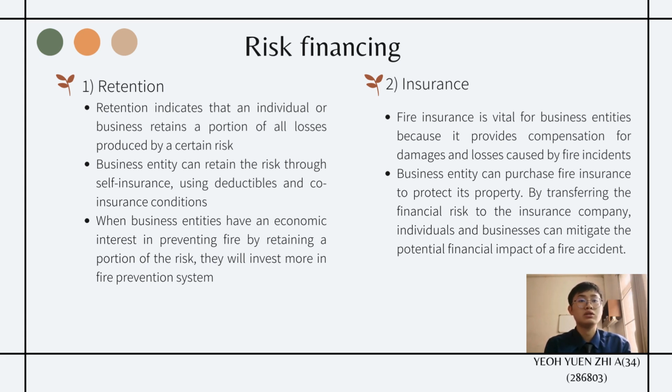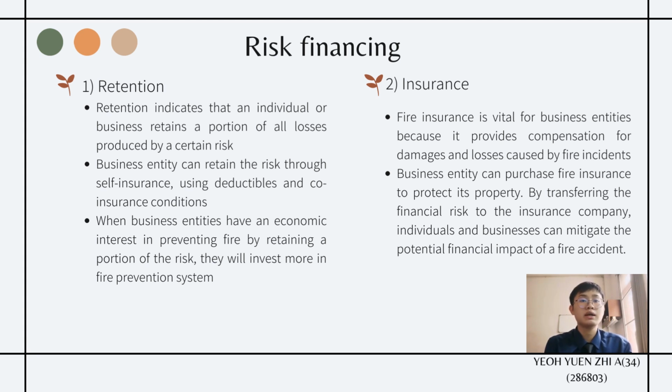The next method is insurance. We can know that insurance is an important technique in fire accident. This is because insurance includes fire insurance, so we can know that fire insurance is vital for business entity because it provides compensation for damage and losses caused by fire incidents.